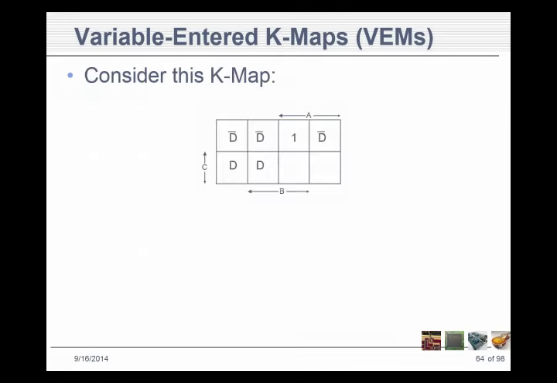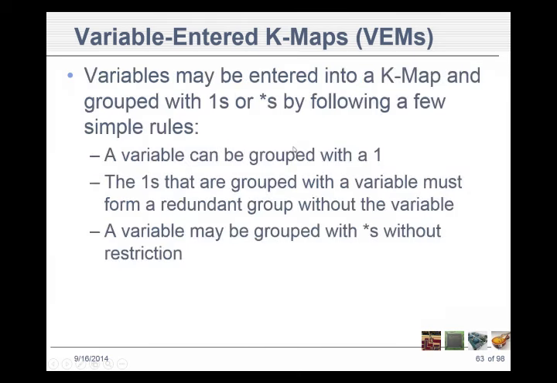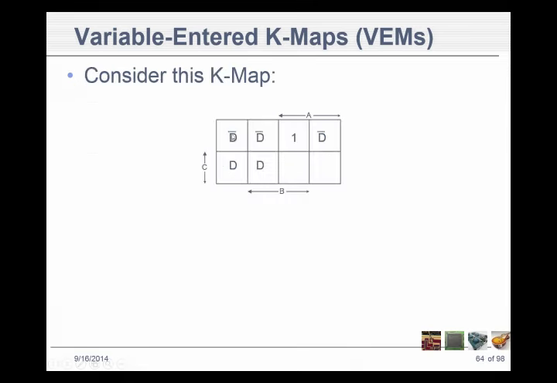So we got this, and that not D can be grouped with the other not D's, right? So these two can be grouped together. This one and this one can be grouped together. But according to those rules, a variable can be grouped with the 1. So I can take this whole group here.